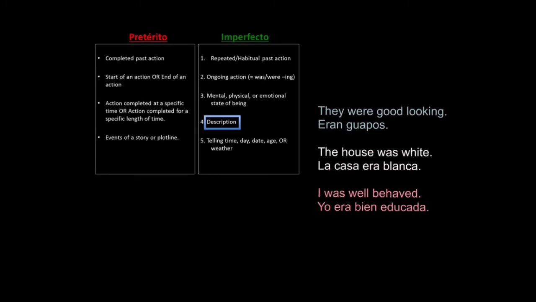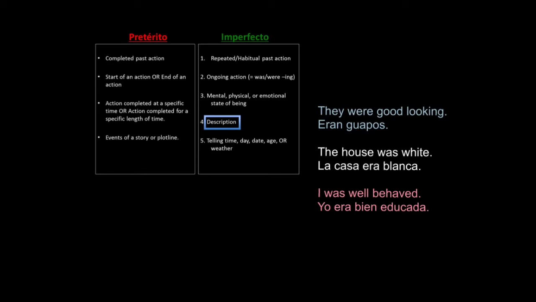The imperfect tense is used to describe how things were or what things were like. In other words, we use the imperfect tense when describing the characteristics of people, things, or conditions. This can include physical appearance, such as they were good looking, eran guapos, or describing characteristics such as color.